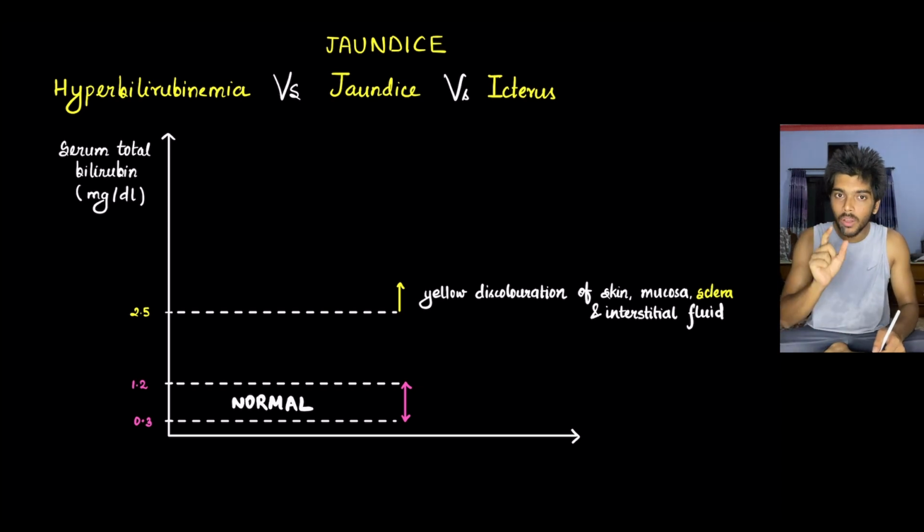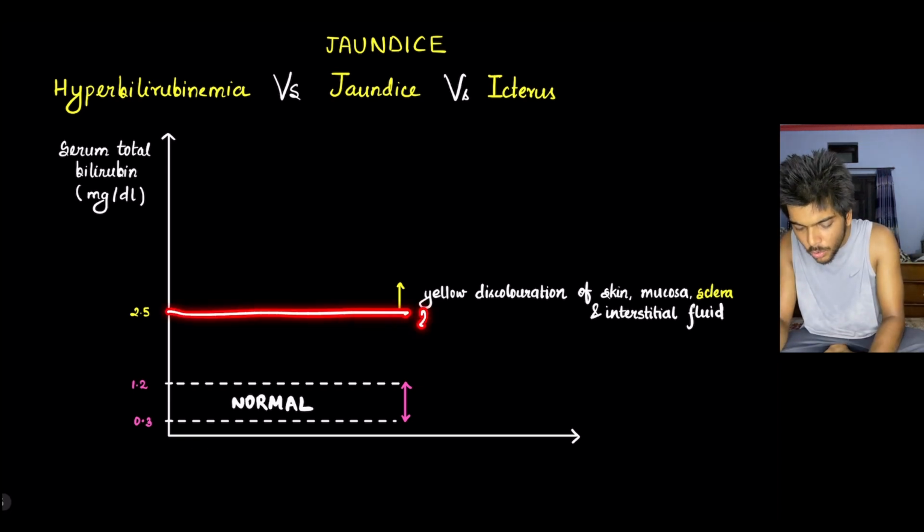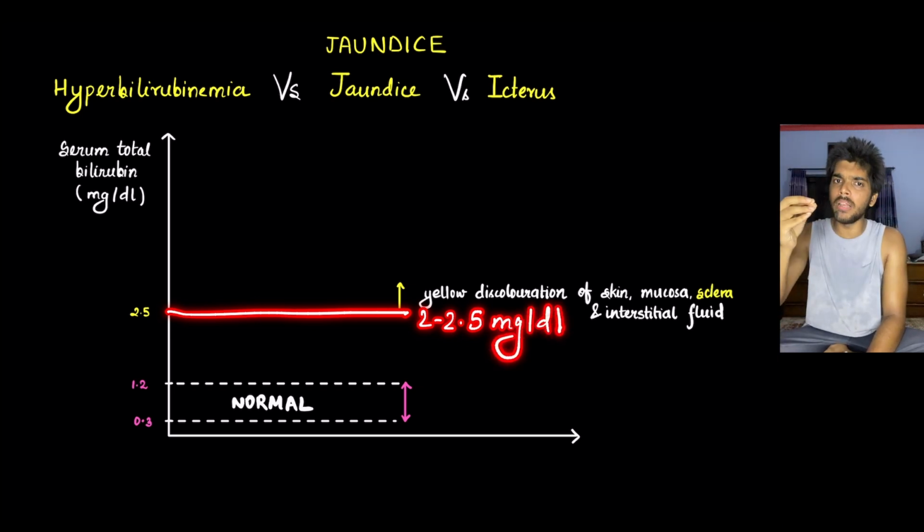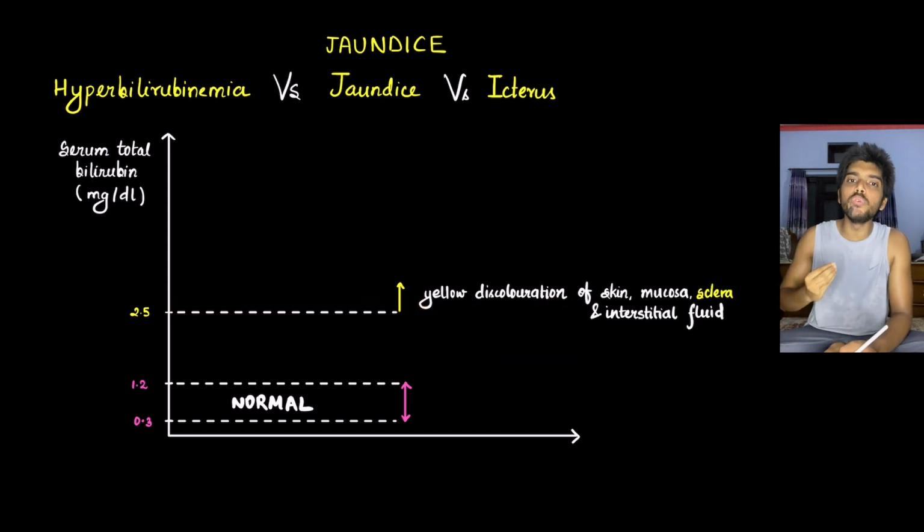At this point, when such clinical features are well appreciated by naked eye, what kind of manifestation? When bilirubin is at around 2 to 2.5 milligram per deciliter within the blood, this significant level of bilirubin goes and deposits at certain parts of your body like skin, sclera, the white part of your eye, mucosa, and the interstitial fluid.